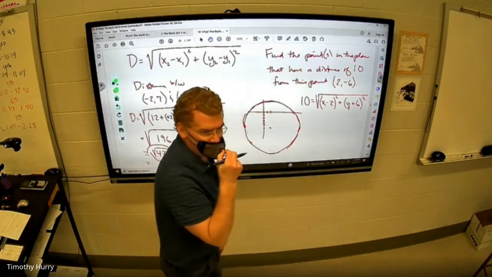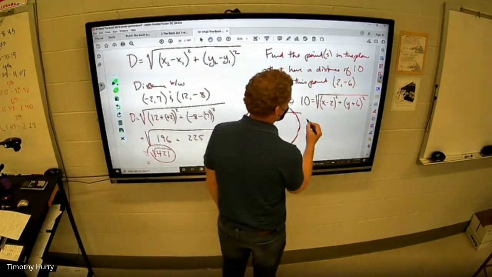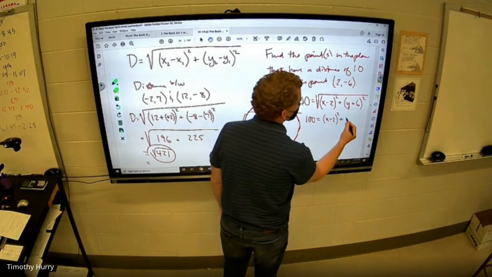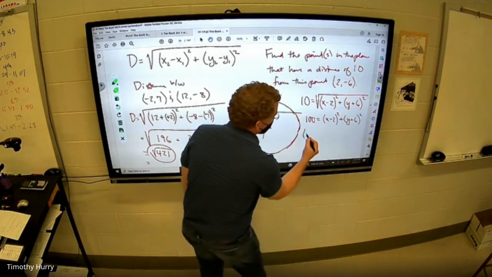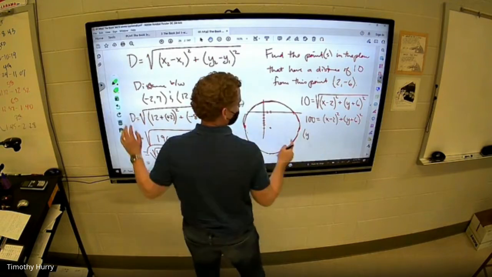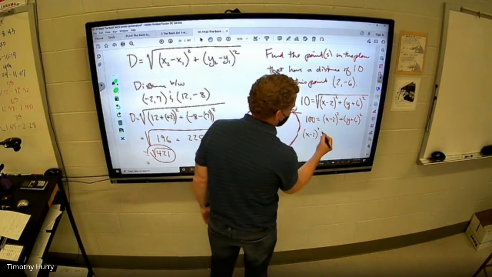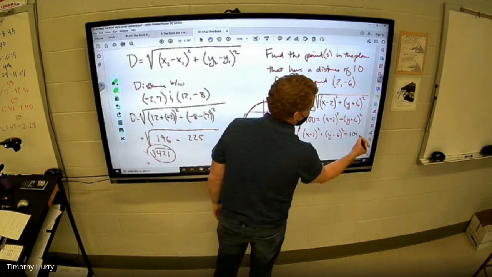What would happen if I squared both sides? Wouldn't I get 100 equals this? And most people don't write it this way. Most people write it like an actual circle like this. They'll say x minus 2 squared plus y plus 6 squared, and they'll put the 100 on the right side.